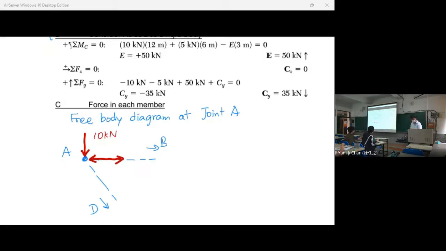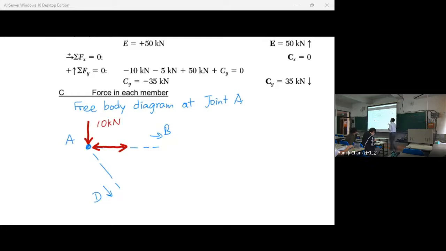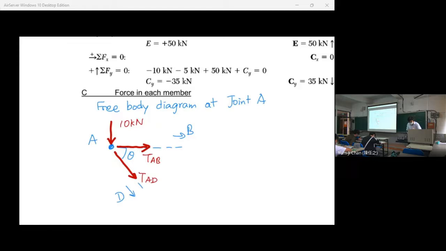TAB is going to the right. And this angle is theta. TAD goes to the bottom right. Remember, these forces are away from the joint.